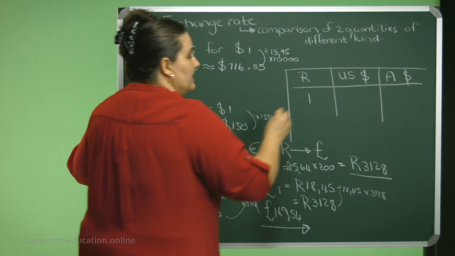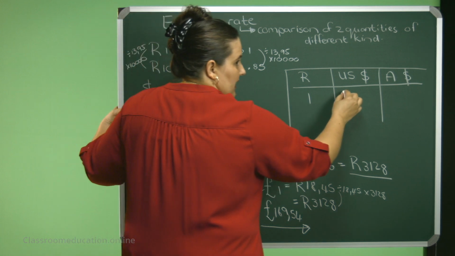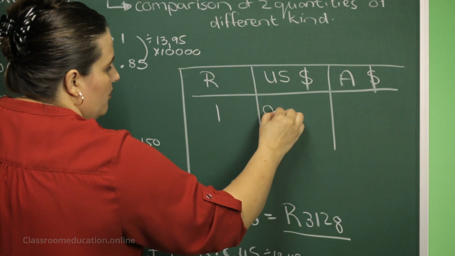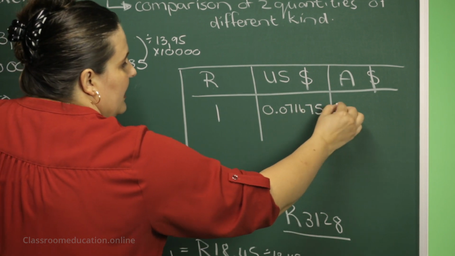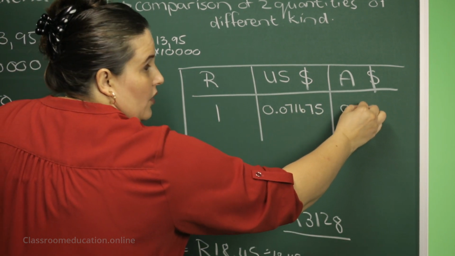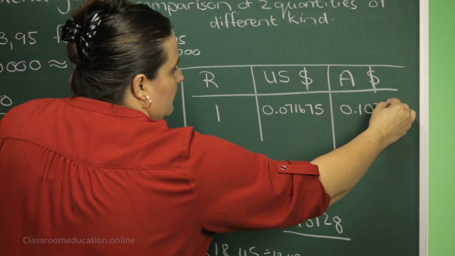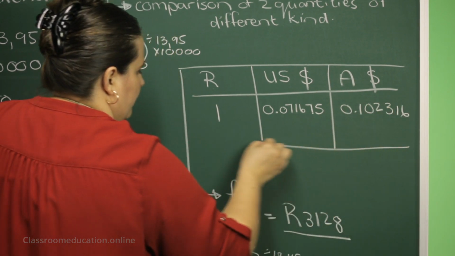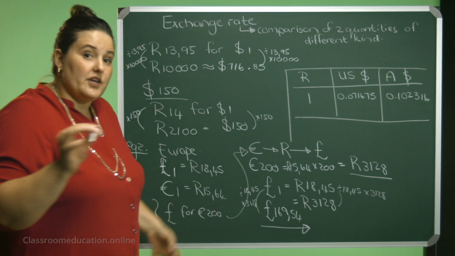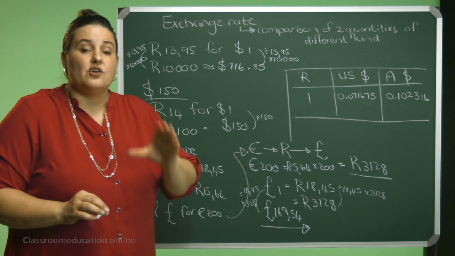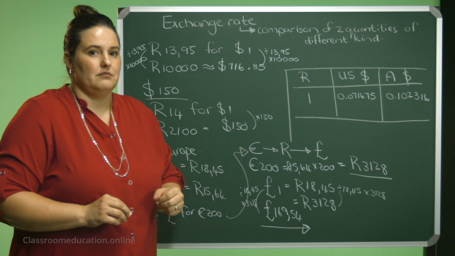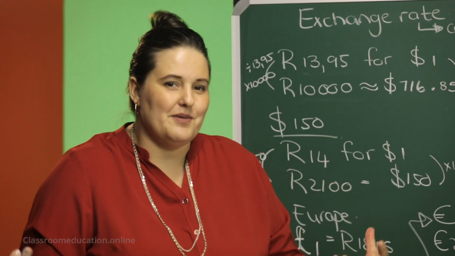And I'm telling you that 1 rand, and here I'll give you a value of 0.071675, and there's 0.102316. Now's my question to you. Which is the strongest currency? How can you determine that?